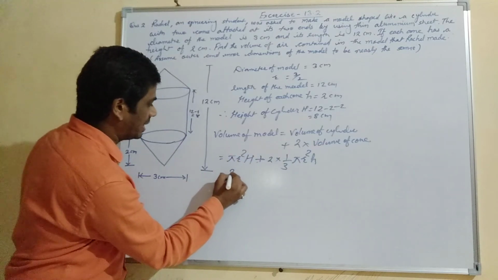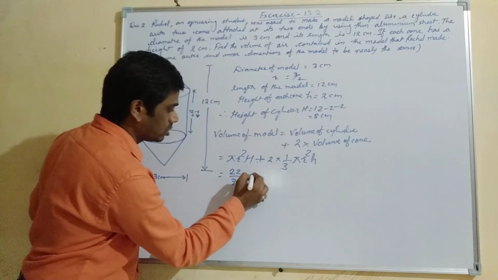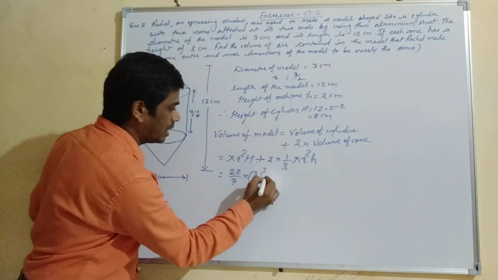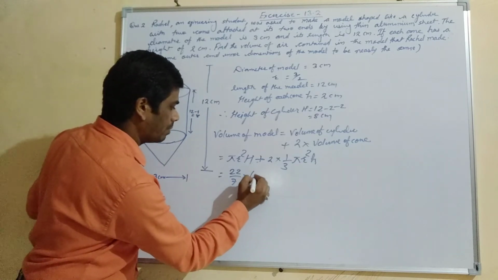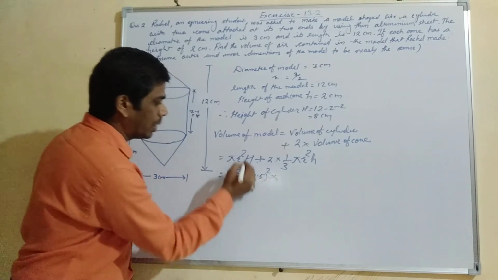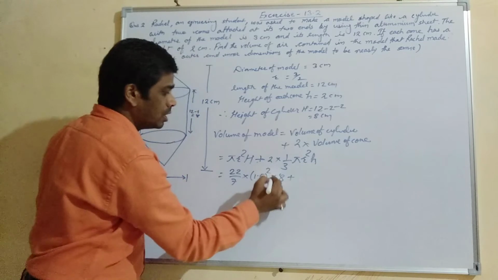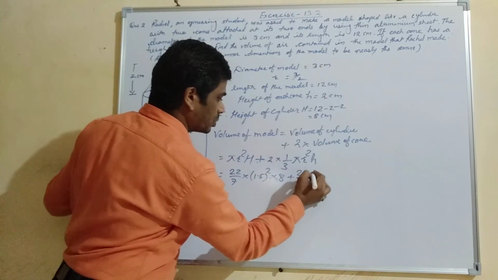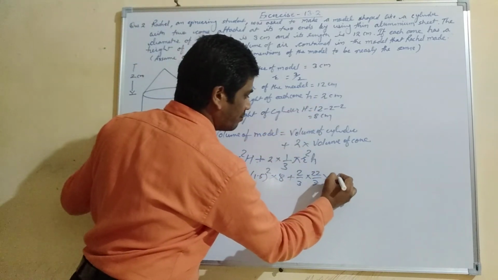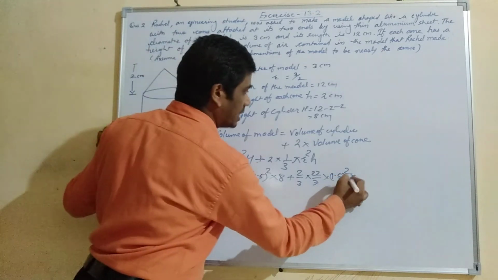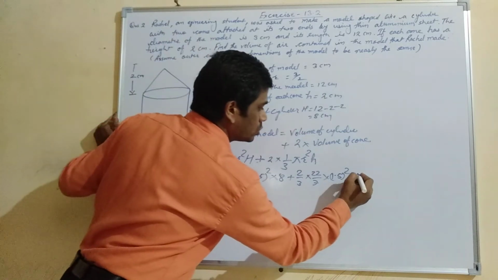It will be 22 upon 7 into the radius, which is 3 by 2, so 3 by 2 whole square, or you can write 1.5 also. 1.5 square into H, which is the height of the cylinder, 8, plus here 2 by 3 into 22 upon 7 into r, which is given, 1.5 square into small h, which is the height of each cone, so it is 2.